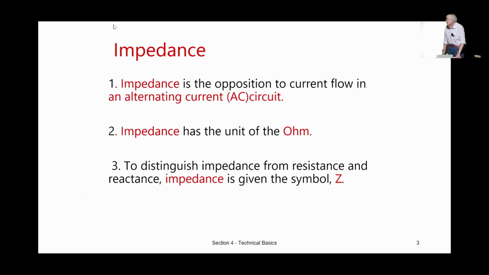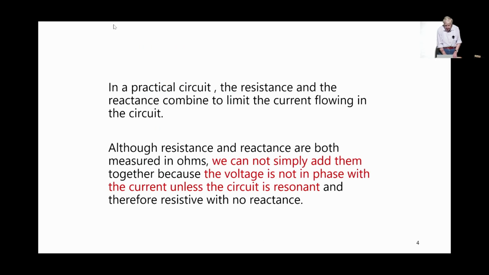Well, we're talking about impedance, and we'll use the letter Z, and of course it's got the unit of the ohm, but it's a combination of resistance and reactance, as we probably all know, and that's because the voltage and the current are not in phase.